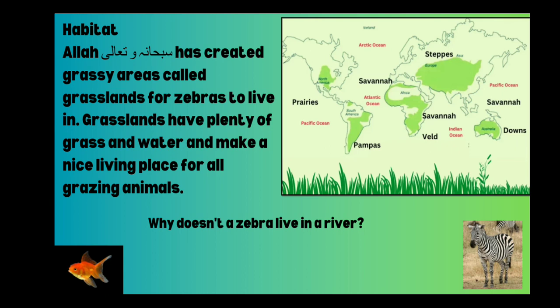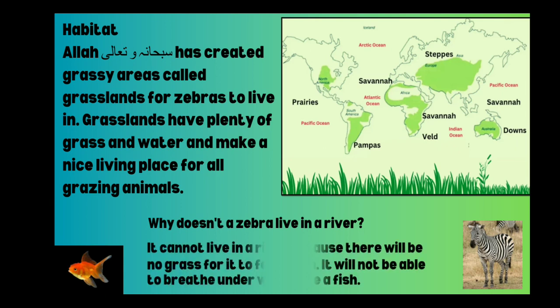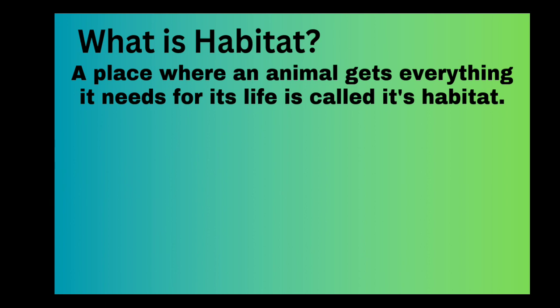The fish have gills through which it breathes. It cannot live in a river because there will be no grass for it to feed upon, and it will not be able to breathe underwater like a fish. So how can it live under the river? So what is habitat? A place where an animal gets everything it needs for its life is called its habitat.